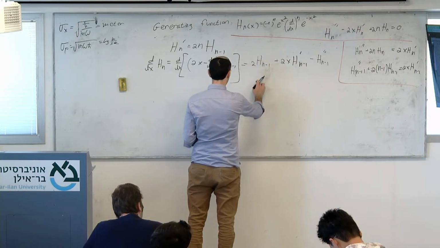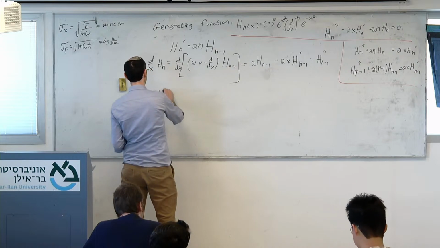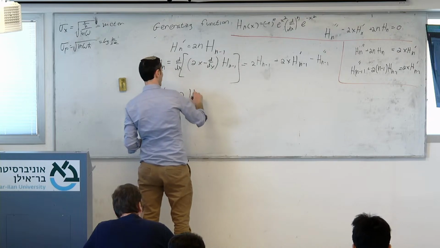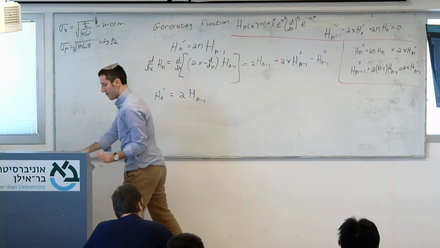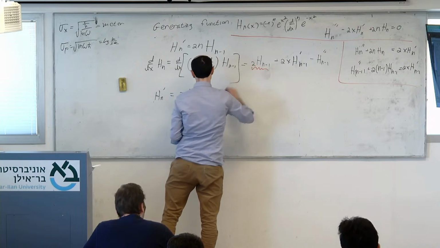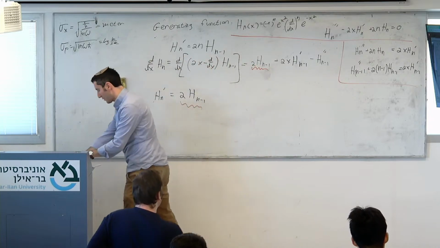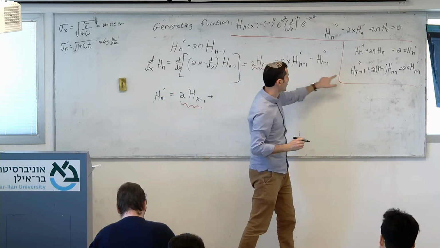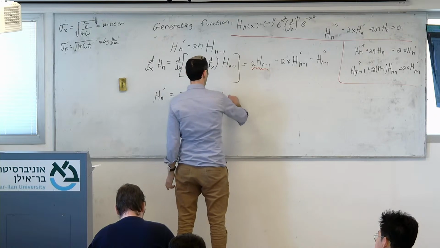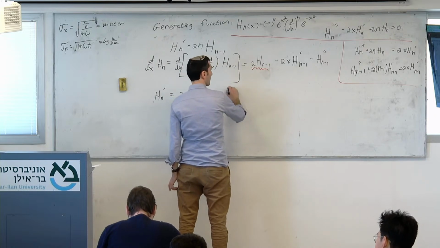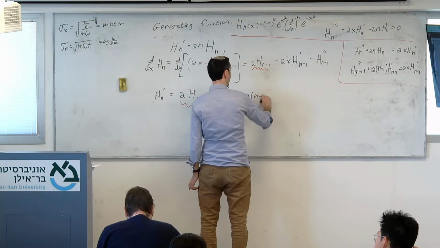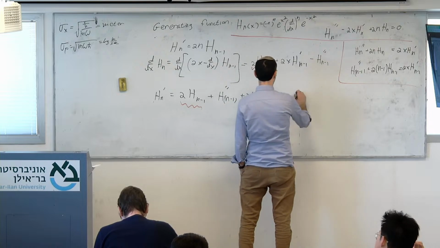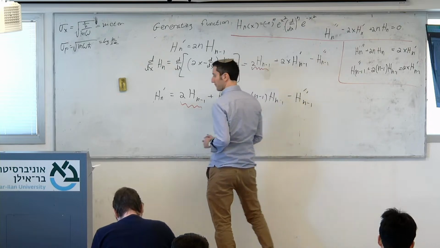Now I can say that Hn prime, which is this, is equal to 2Hn minus 1, coming from here, plus 2x Hn minus 1, which is this: Hn minus 1 double prime plus 2 times n minus 1 Hn minus 1 minus Hn minus 1 double prime.